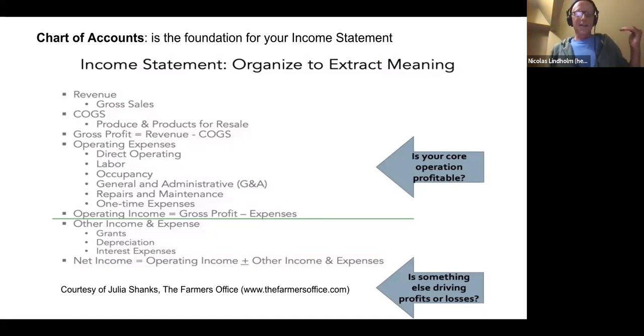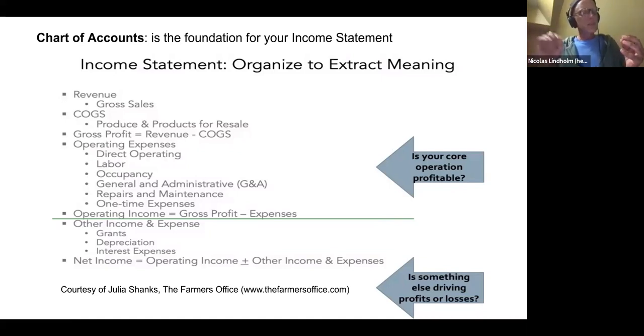I talk a lot about the green line, and in your chart of accounts, having this green line, so everything above the green line that we just looked at is your core farm operation. Everything in this section should only be limited to what activities you're doing to grow, produce, and sell farm product. And so that keeps all your core farm operation together in one place.